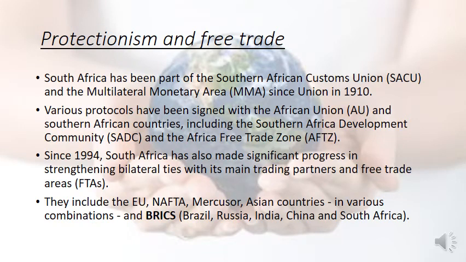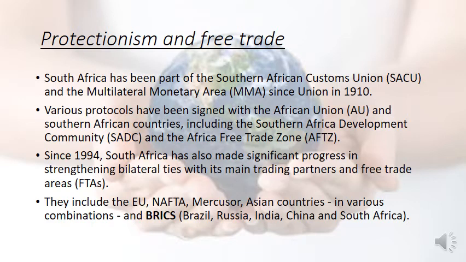If we look at protectionism and free trade, South Africa's been part of the South African Customs Union and the Multilateral Monetary Area. We've signed various protocols, mostly with the African Union and SADC, the Southern African Development Community.